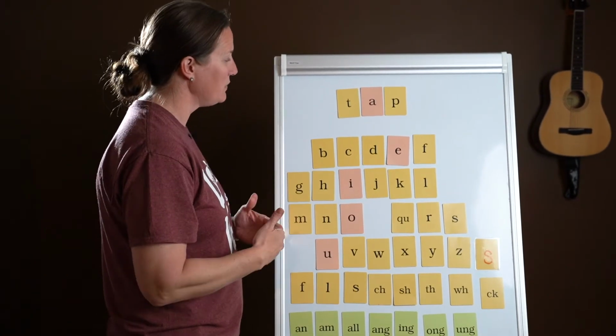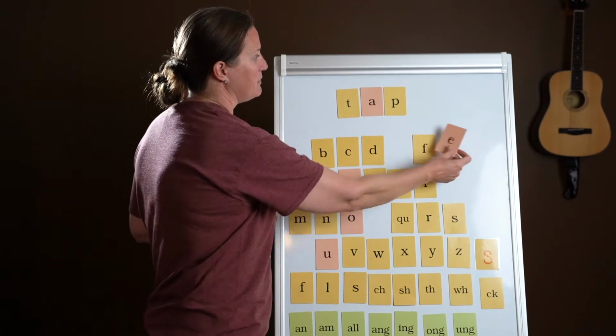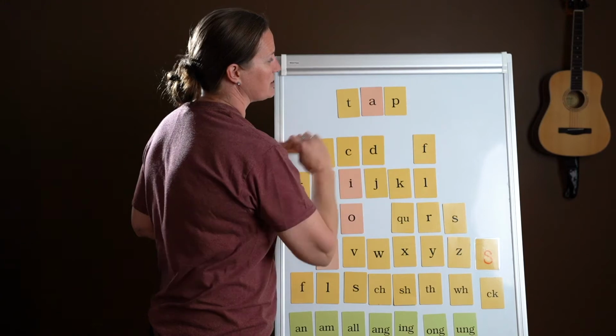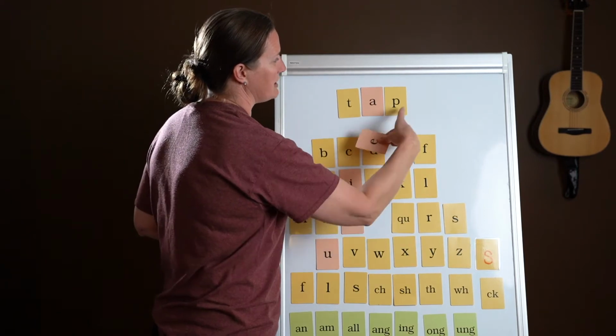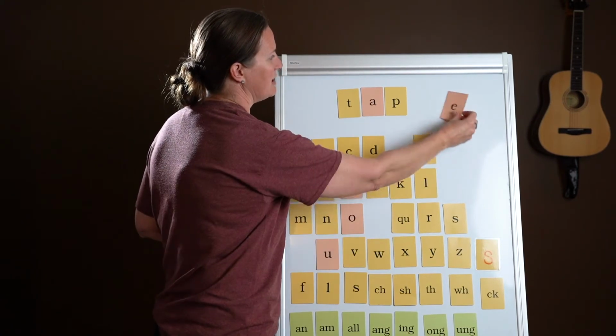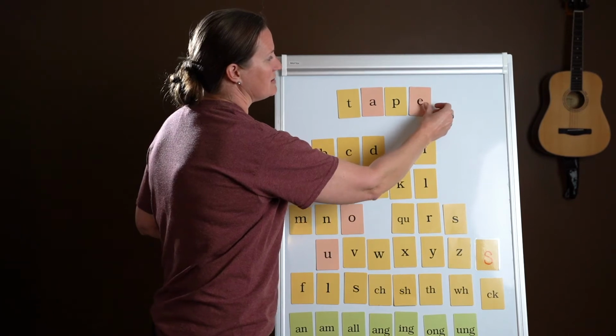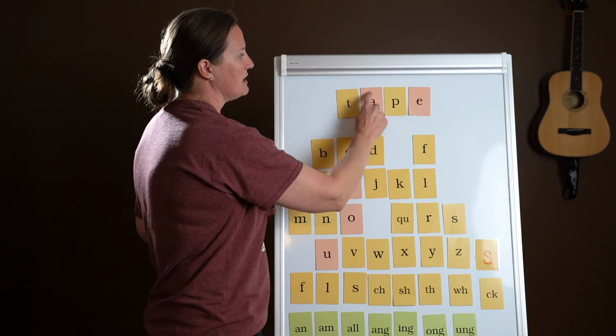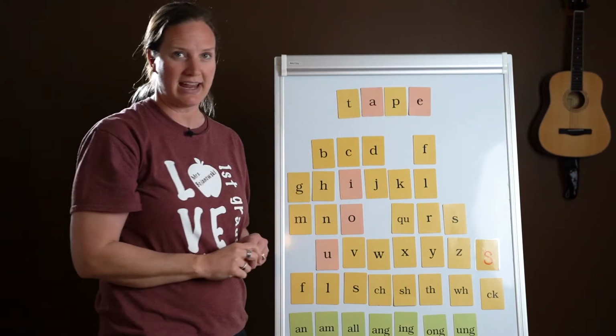All right, when we add the magic E, the busy E, to the end of this word, remember boys and girls, this is a closed syllable because that P closes that A in. When we add the E to the end, the E jumps over the P and makes this A say its name.